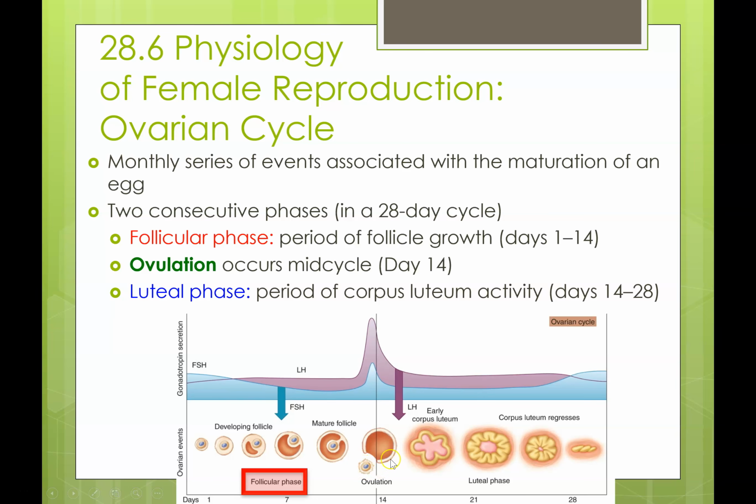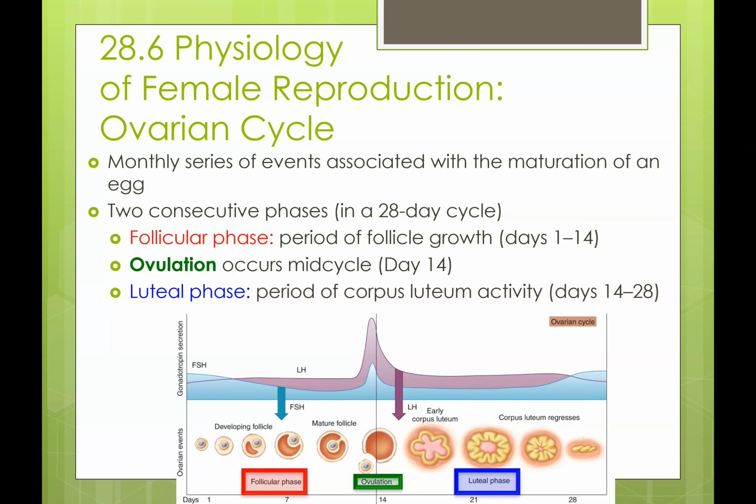Then from days 14 to day 28, we will have the luteal phase take place. And this is when we have the leftover granulosa cells turn into the corpus luteum, and eventually that will regress and become the corpus albicans.